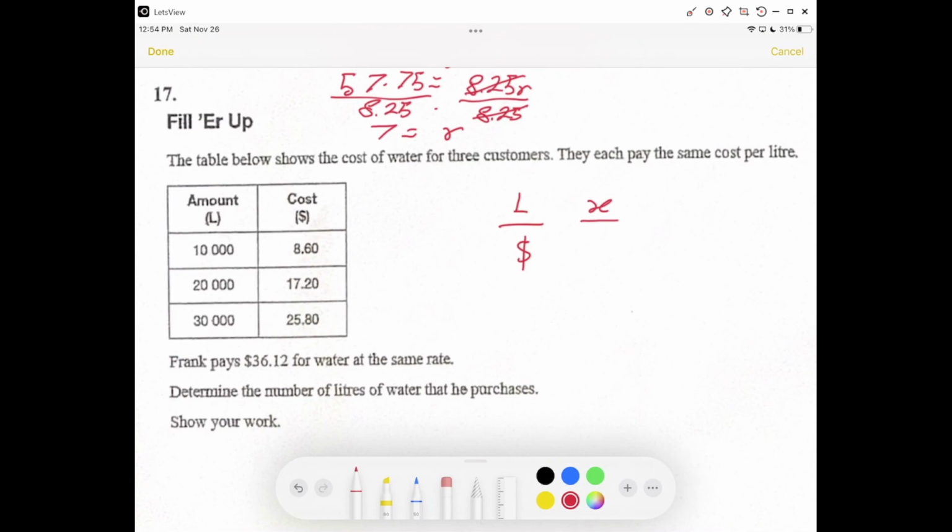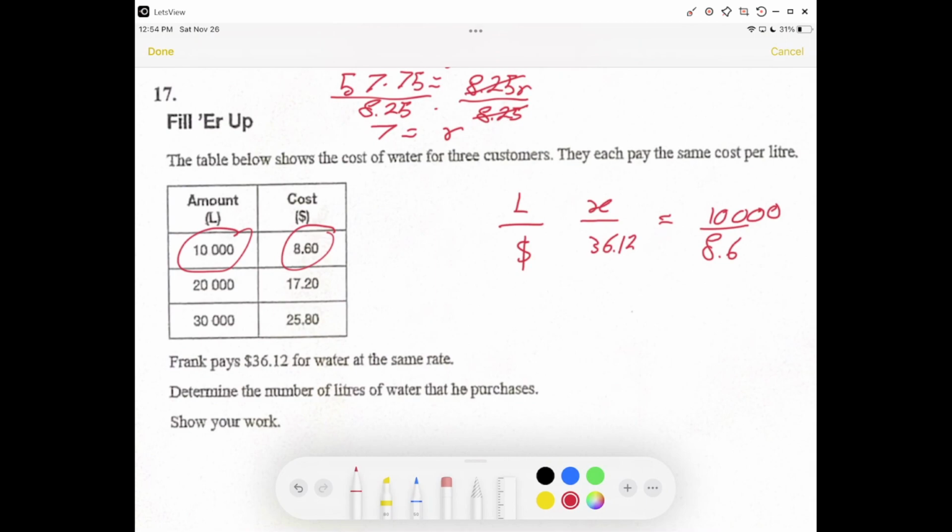So what we want to find out is how many liters he bought, and we know that he spent $36.12, right? We also know that, let's look at our first guy over here, when you spend $8.6, you get 10,000, or yeah, sorry, 10,000 liters.